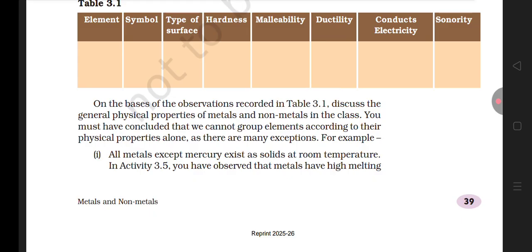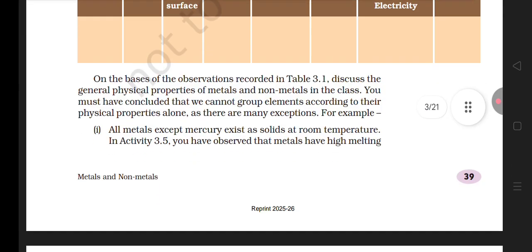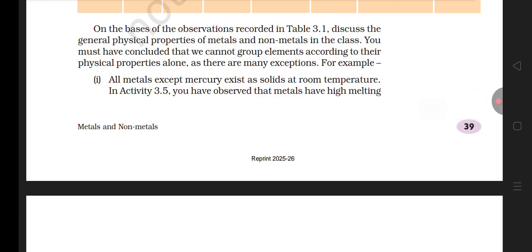They are not so malleable, they are not ductile, they do not conduct electricity, and they are not good conductors of heat as well. They are not sonorous, they do not produce as much sound as metals do. So I have just done the opposite of the properties that I read in the metal case. Now, on the basis of the observations recorded in table 3.1, discuss the general physical properties of metals and non-metals in the class.